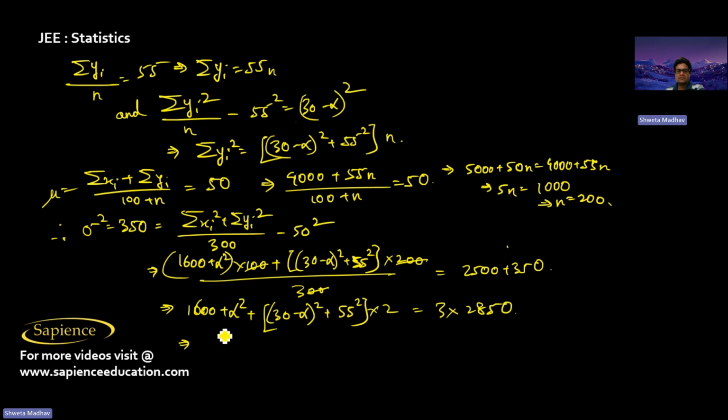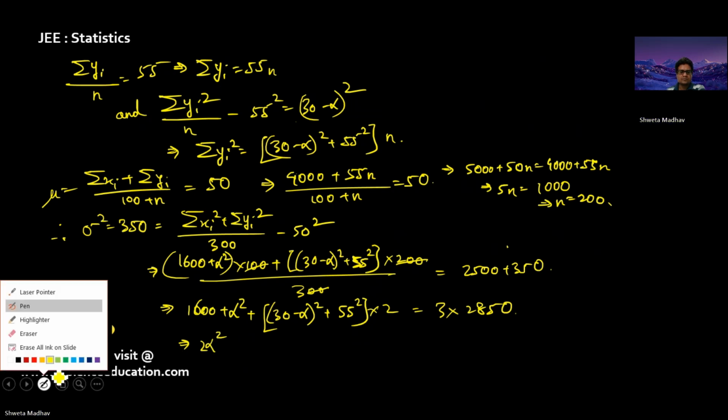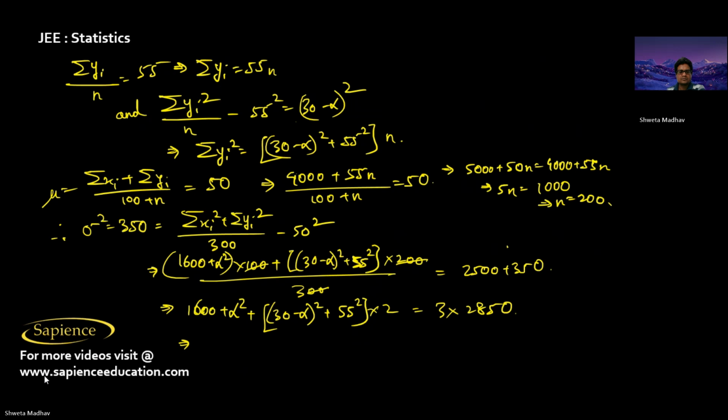Therefore, expanding: 1600 plus alpha square plus 2 into (900 plus alpha square minus 60 alpha) plus 55 square, that is (50 plus 5) whole square.